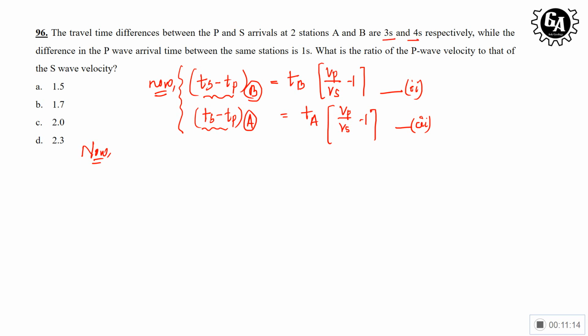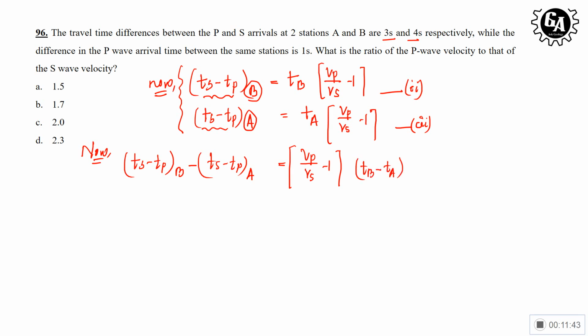So I can write (Ts minus Tp) at B minus (Ts minus Tp) at A is equal to (Vp by Vs minus 1) common, times (Tb minus Ta).